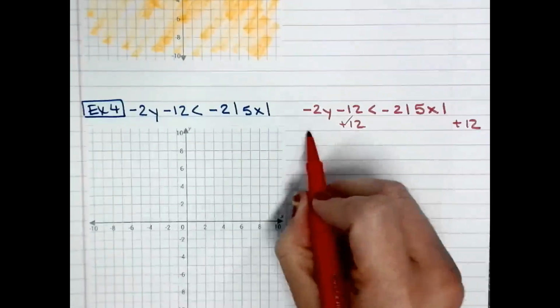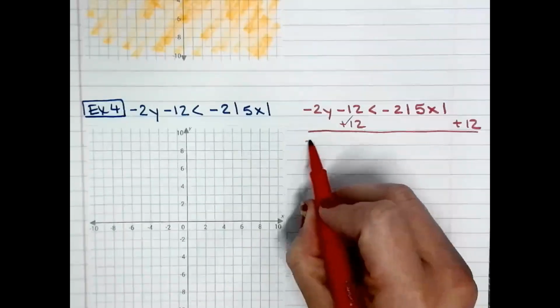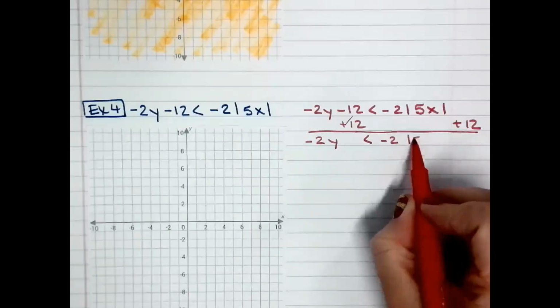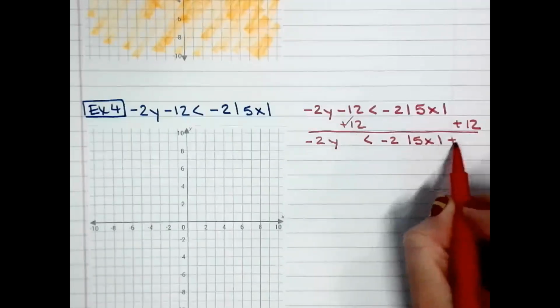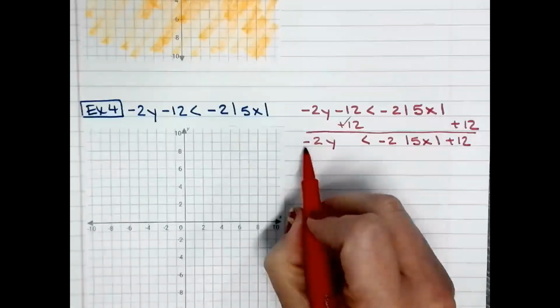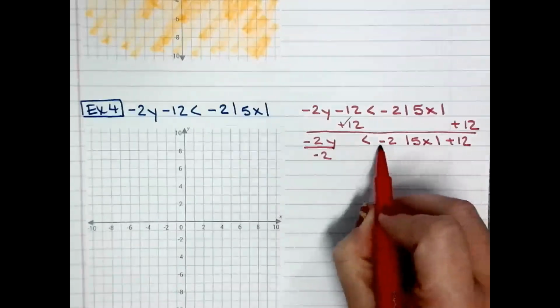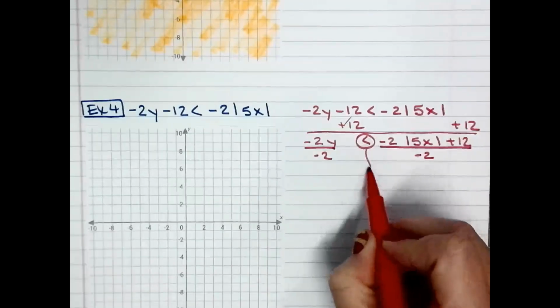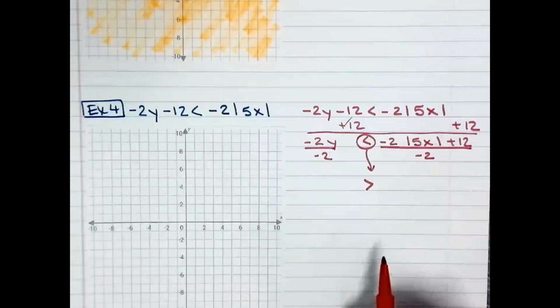I have -2y is less than -2 absolute value of 5x plus 12. Now, isolating y, divide everybody by -2. Everybody by -2. Because this is negative, the inequality sign will switch.